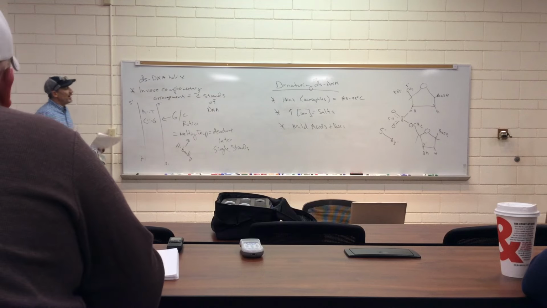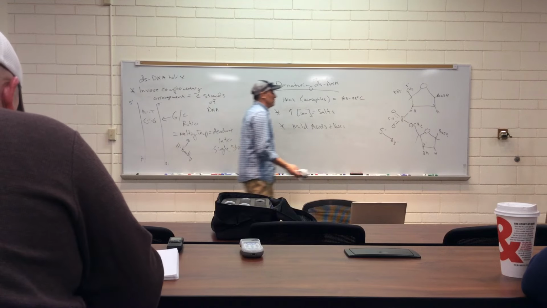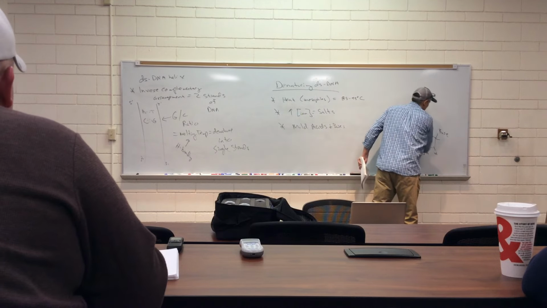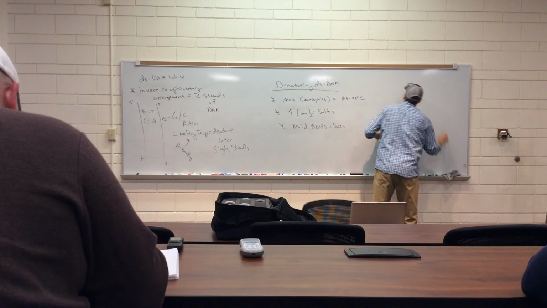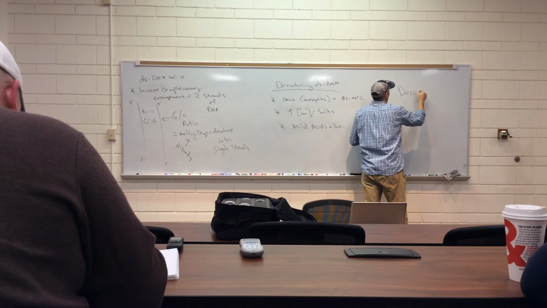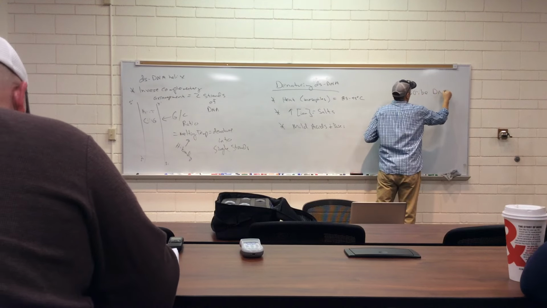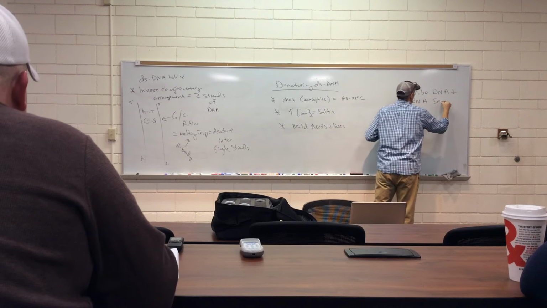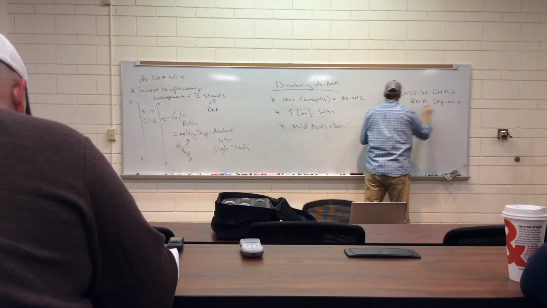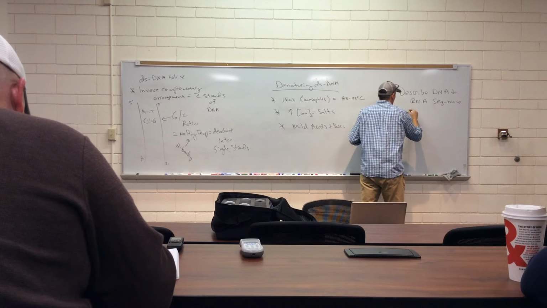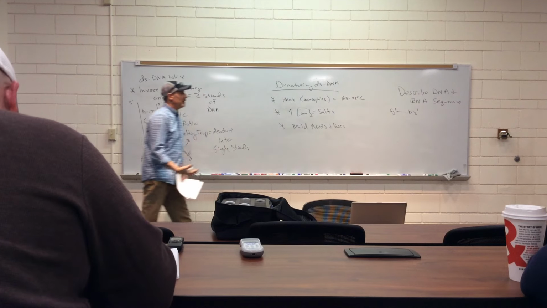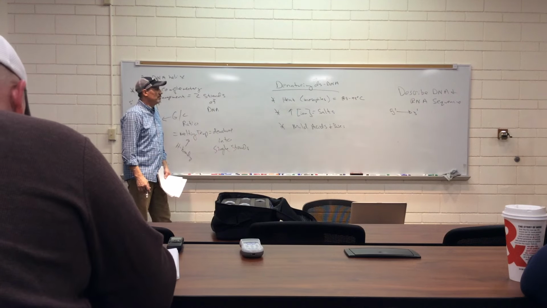So when we talk about a sequence, and many times you'll just get these sequences thrown out at you, specifically if you're on the internet looking stuff up, we usually describe it from the 5' side to the 3' side.